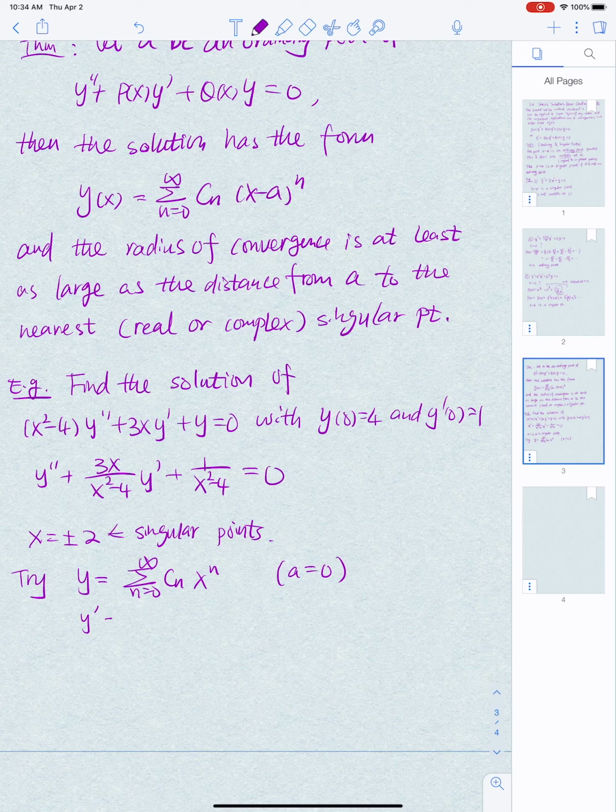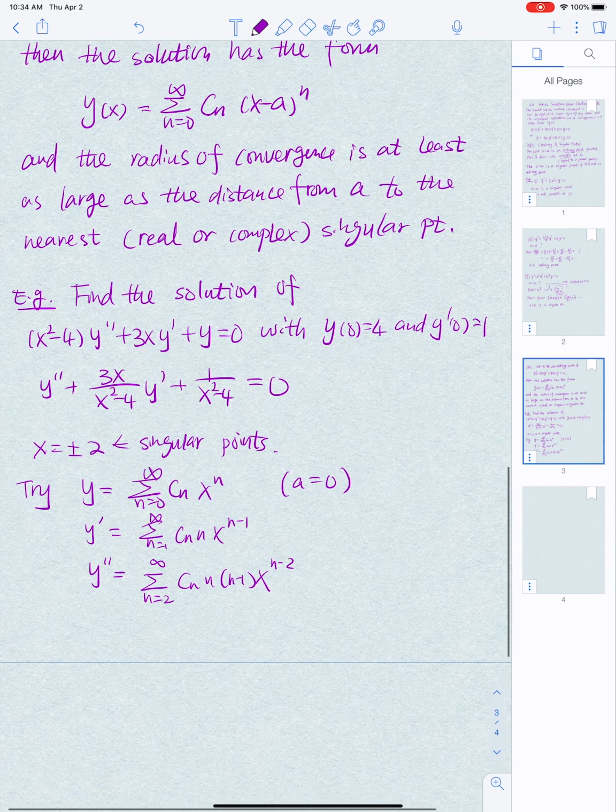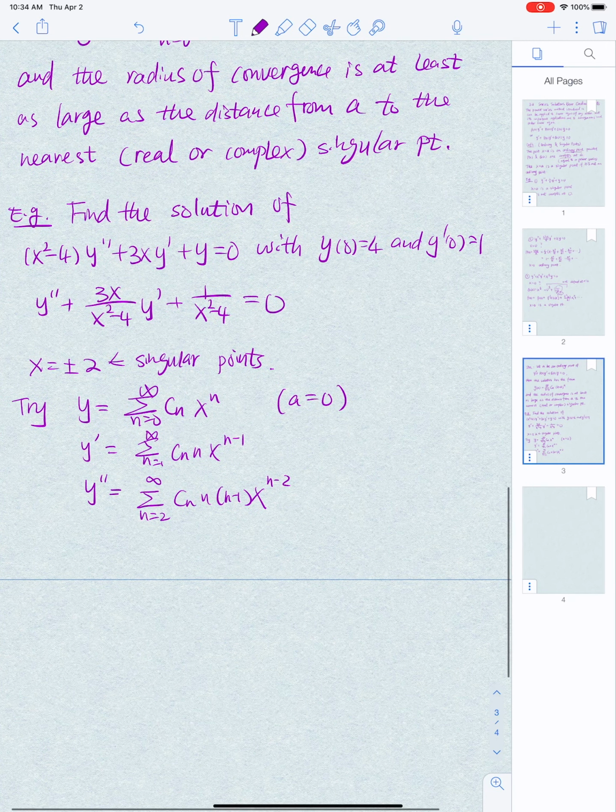So all we need to do is find all the derivatives. And then plug them back into the equation. Now, when we plug it back in, we want to plug it back into this equation because usually we try to avoid having to deal with fractions.